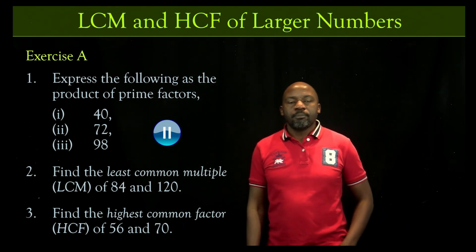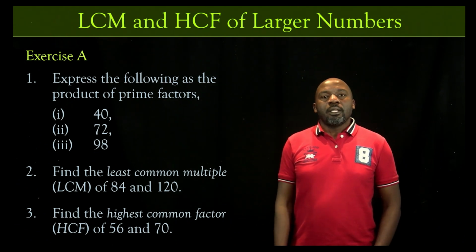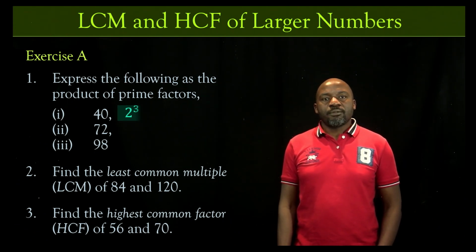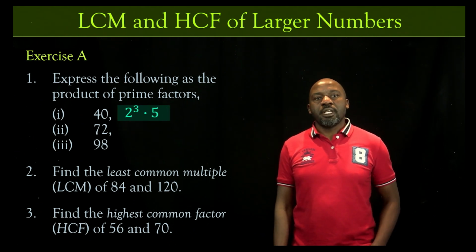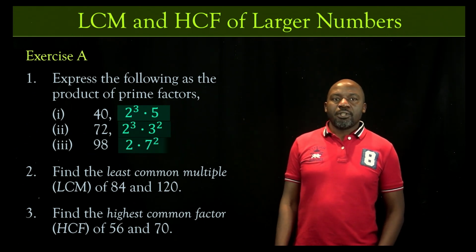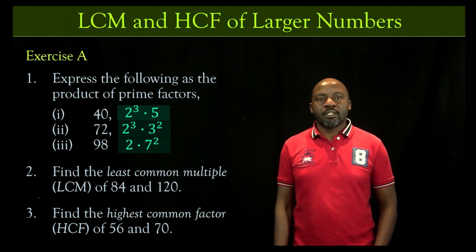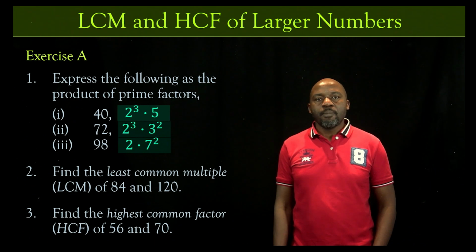Assuming you have done so, these are the answers you should be getting. The prime factors that are multiplied to give us 40 are 2 power 3 times 5, and for 72 it's 2 power 3 times 3 squared, and for 98 it is 2 times 7 squared. Right? Try those out and check that you're getting the same result.